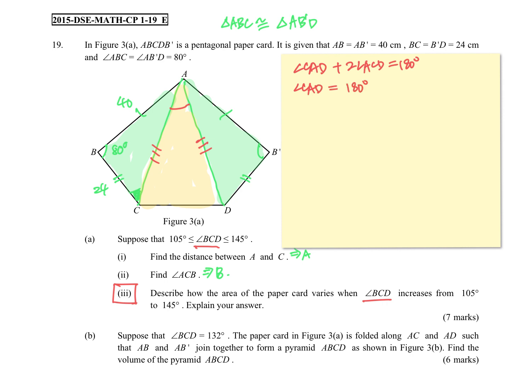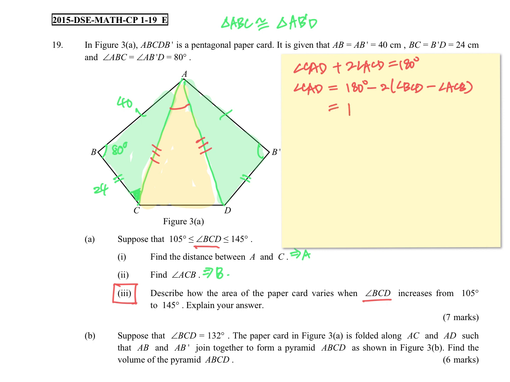As a result, 180 degrees minus 2 of them, and then angle ACD can be expressed as angle BCD, which is the subject angle we want, minus angle ACB, which is the answer in part A2.